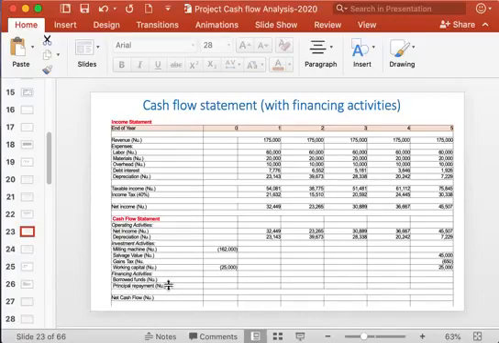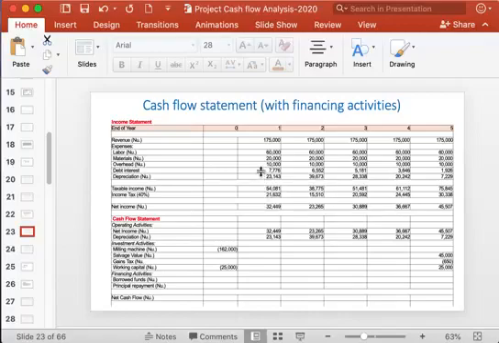We have to reflect the borrowed funds, which is 64,800, and also we have to calculate the principal repayment amount for each year.